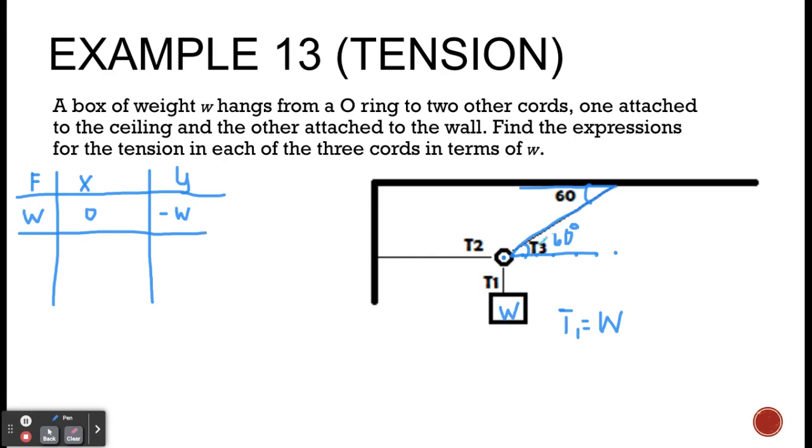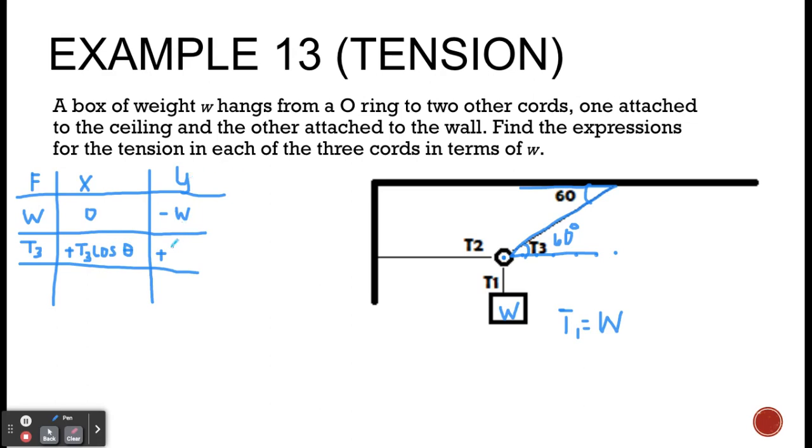Our next force, T3, one of our tensions. The x component is going to be positive because that tension force is up and to the right. So the x component is going to be positive, and the y component is going to be positive. That x component is going to be the magnitude of the tension, T3, times the cosine of theta.